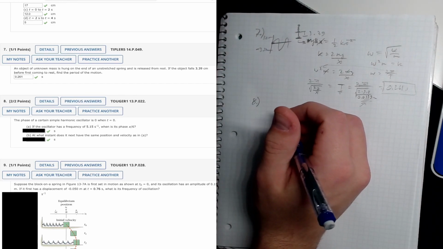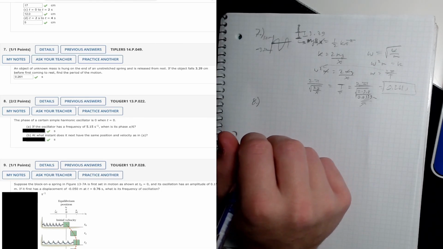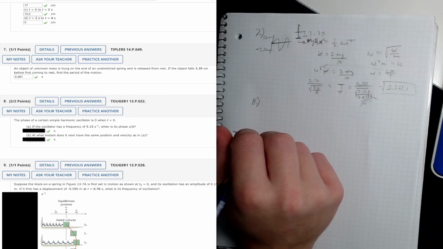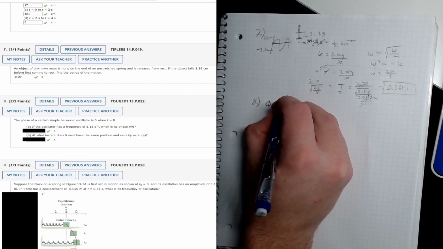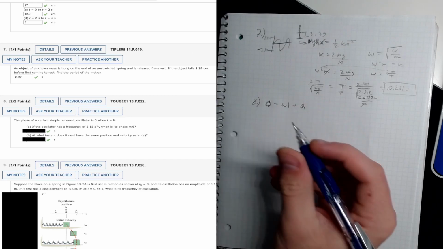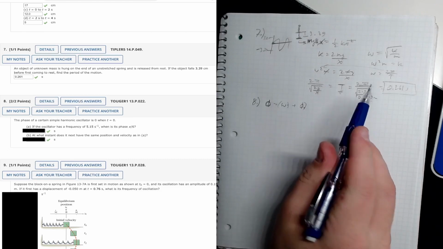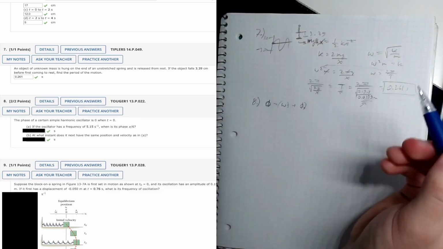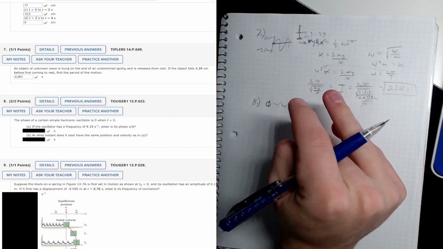The phase of a certain simple harmonic oscillator is 0 when t equals 0. Given the oscillator's frequency, what is the phase? The phase is equal to Wt plus the phase constant, which is the part inside the cosine in the popular equation, x equals A cosine of Wt plus the phase constant.